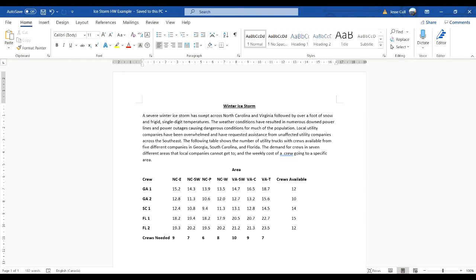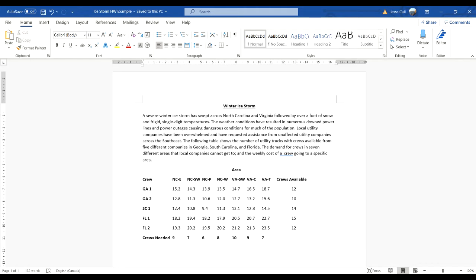A severe winter ice storm has swept across North Carolina and Virginia, followed by over a foot of snow and frigid single-digit temperatures. The weather conditions have resulted in numerous downed power lines and power outages, causing dangerous conditions for much of the population. Local utility companies have been overwhelmed and have requested assistance from unaffected utility companies across the Southeast.